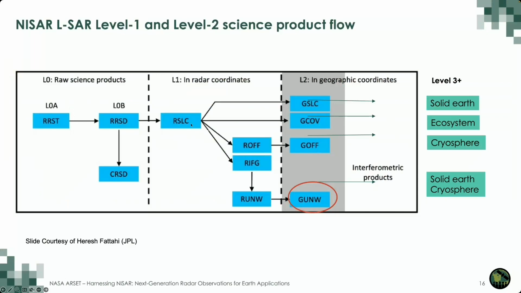And these other boxes here show the intermediate products that are used in the processing. To make the final geocoded products, there's a range Doppler offset field, a range Doppler interferogram, a wrapped interferogram, then that's unwrapped to a range Doppler unwrapped interferogram, and that's finally geocoded to make the geocoded unwrapped interferogram, the GUNW.